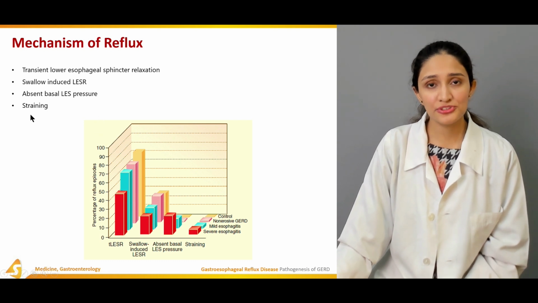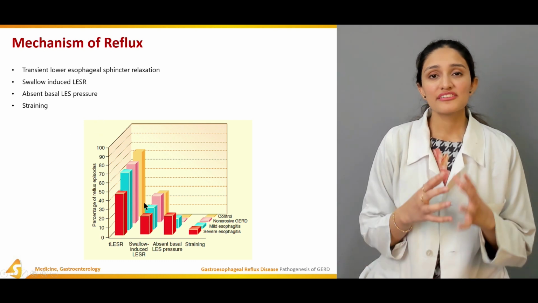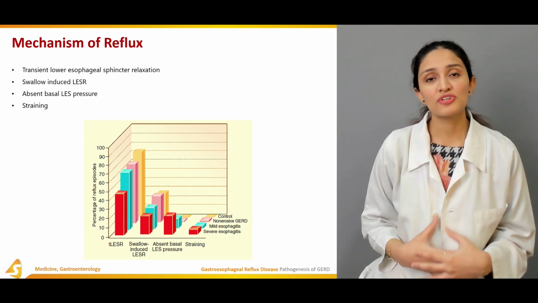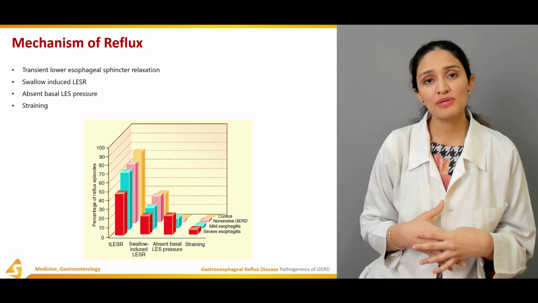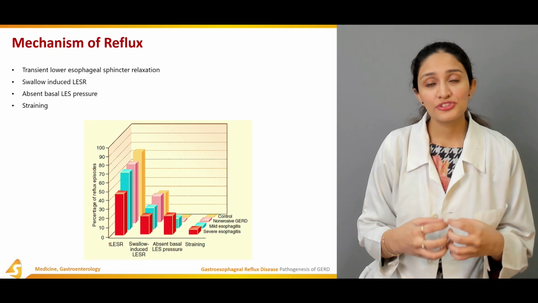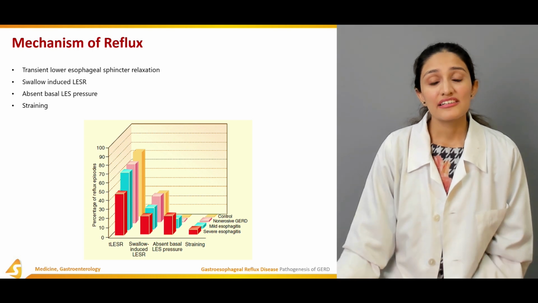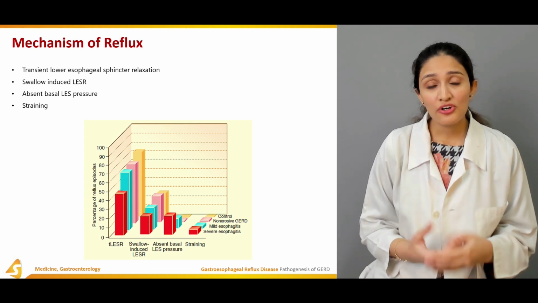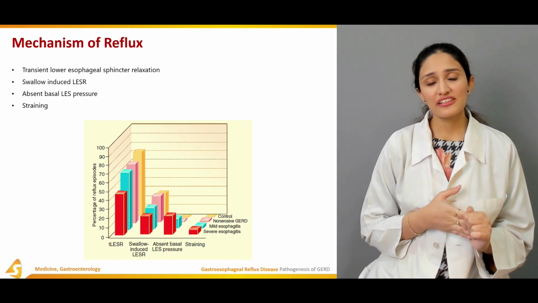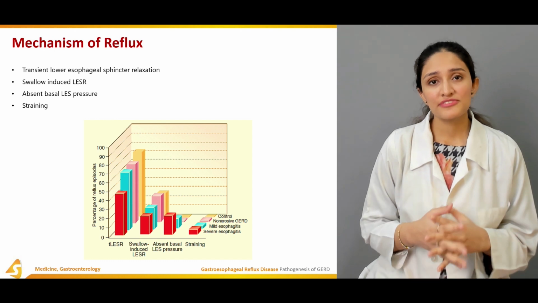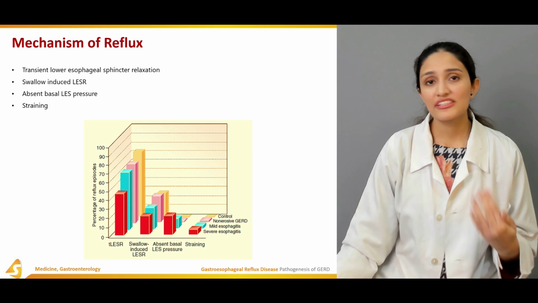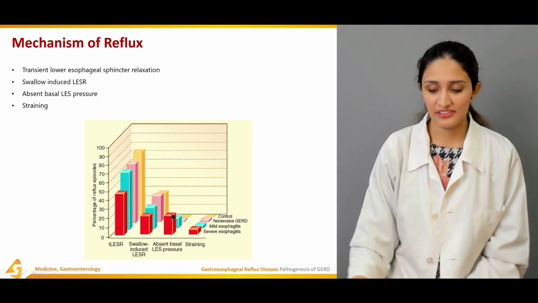Straining is when the hypotensive lower esophageal sphincter is overcome by increased intra-abdominal pressure, which causes the sphincter to open up and relax. It could happen while coughing or bending or any sort of straining. But this usually does not occur normally because the lower esophageal sphincter has a pressure of more than 10 millimeters of mercury, so it does not let reflux occur.